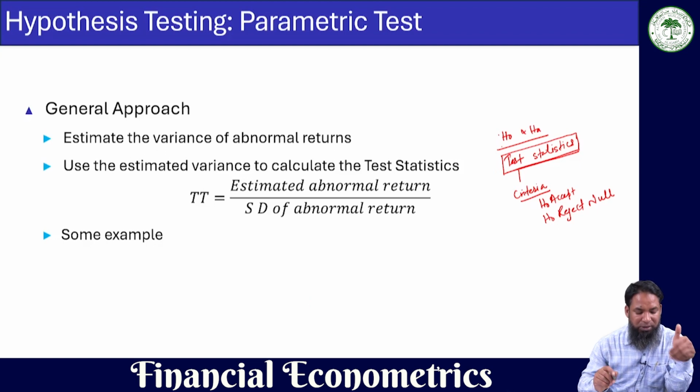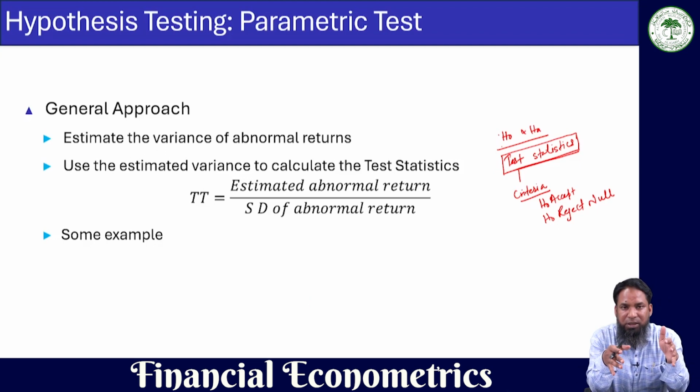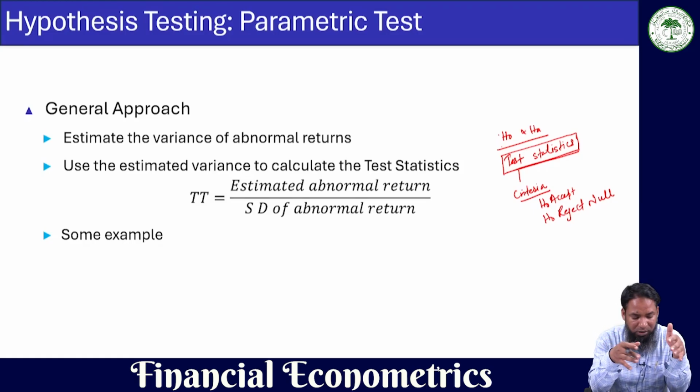So, here we are talking about a parametric test and the general framework. What is the general framework for the parametric test? First, we have to estimate the variance of the abnormal returns. Why? Because we want to test the validity of the abnormal return, so we need the variance of that particular abnormal return.